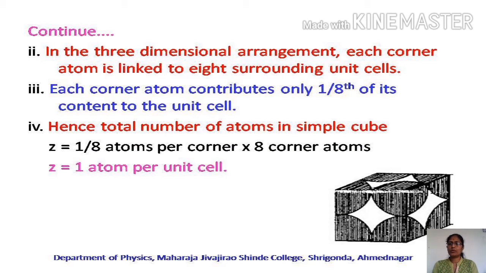If we consider the contribution of each atom, if we observe the unit cell, it will have 8 corner atoms, 12 edges, and 6 faces, and there will not be any extra atom.